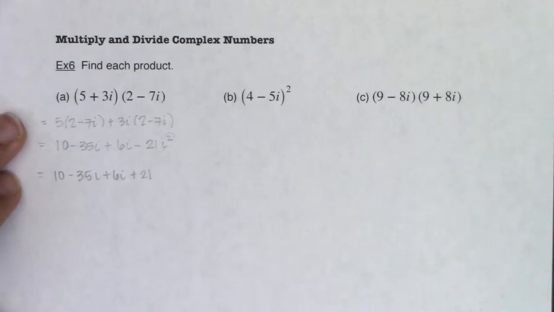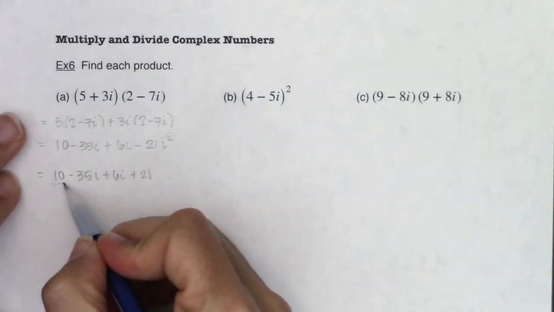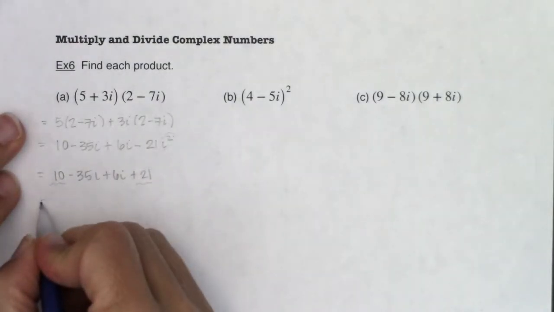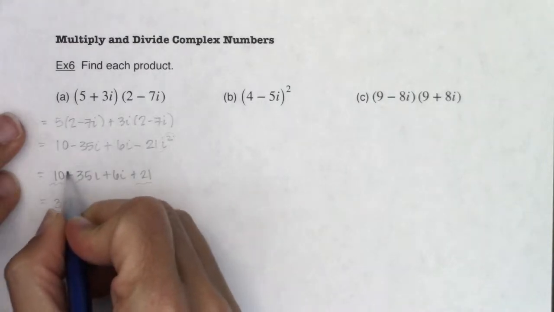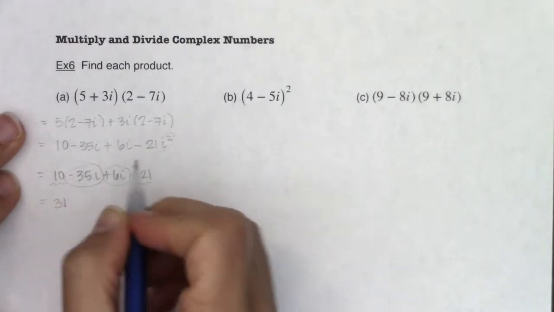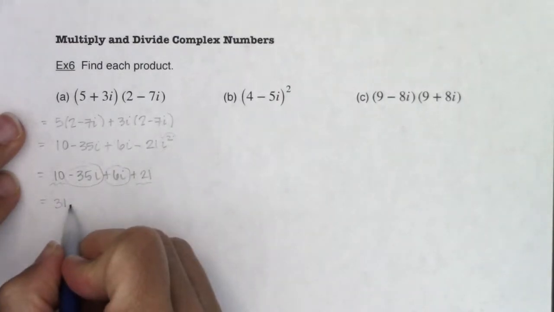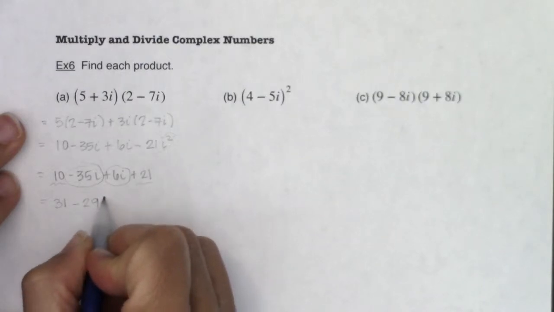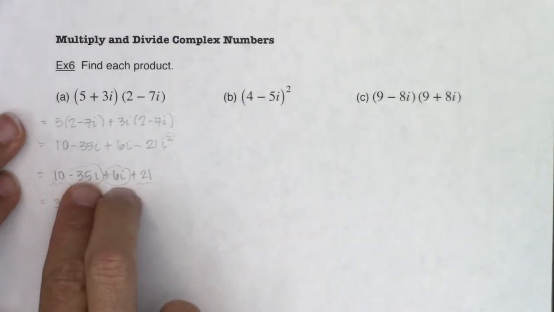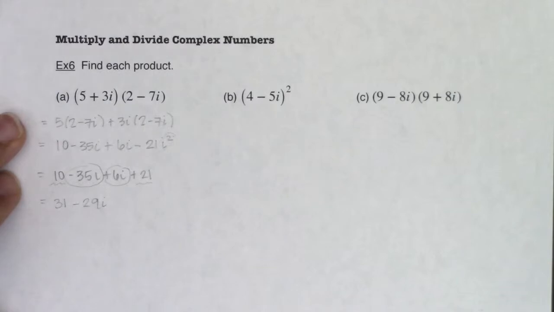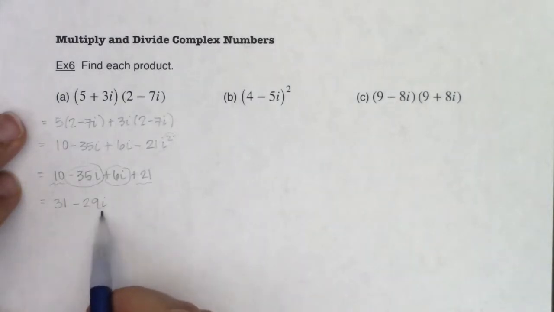And then I look for like terms. I see 10 and 21, so that's going to give me a 31. I see negative 35i and 6i, so that would ultimately be negative 29i, right? So I added the real parts and I added the imaginary parts because those were like terms. And there's my answer in standard form, a plus bi.